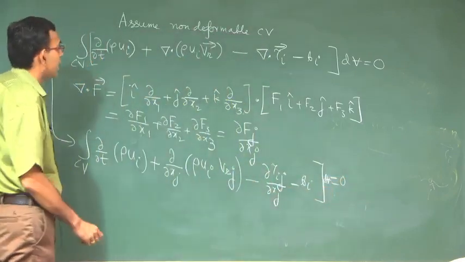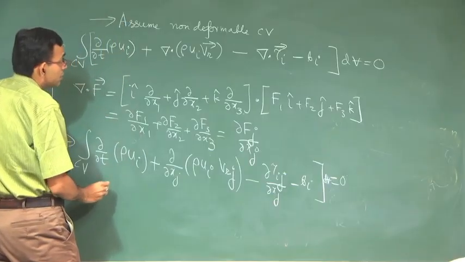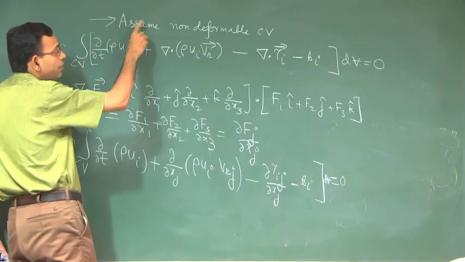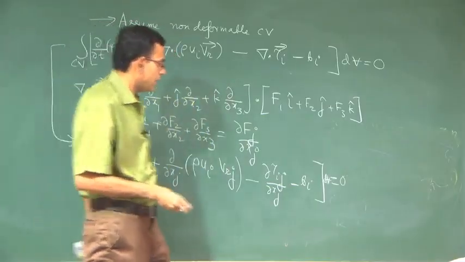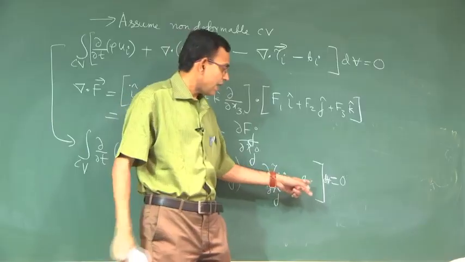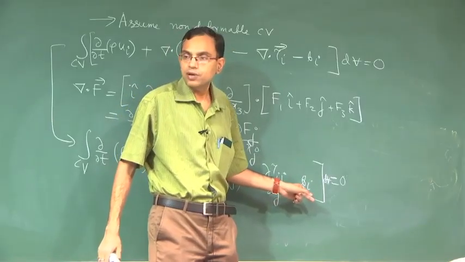Finally, we will make another assumption. This assumption we have already made, but if it was a deformable control volume, sky will not fall on our head. You can add the effect by another body force, which is because of the deformation.